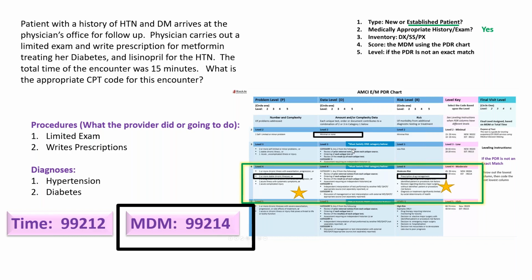And you know what, ladies and gentlemen, this is the difference between a biller and a coder. A biller would just put that time in the system and go because they don't know how to level.